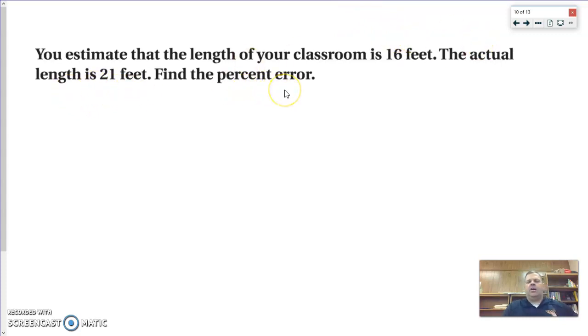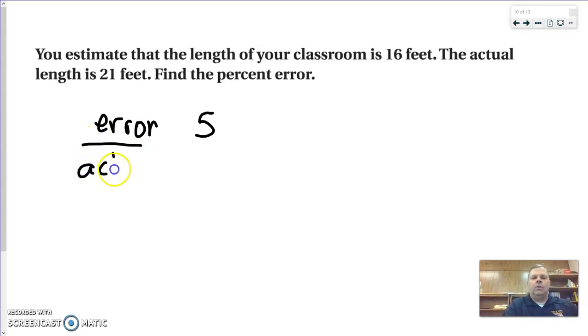Find the percent error. So our first thing that we must think about is we must figure out what is the error. We had an error of 5 feet because it was 16 to 21, over the actual, and the actual was 21 feet. So we take 5 divided by 21.